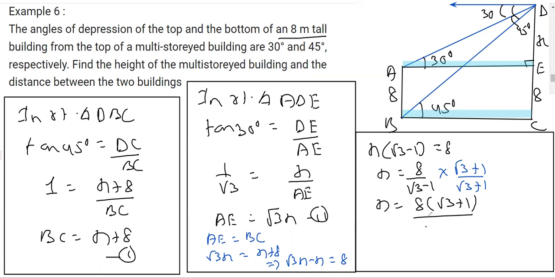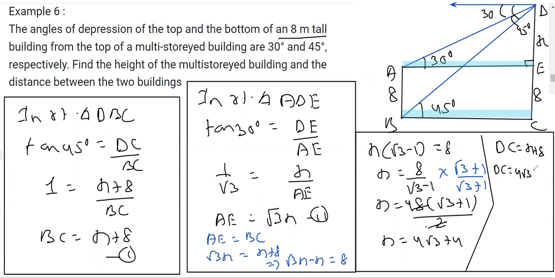So I can reduce it to get X as 4 root 3 plus 4. But that's not our answer. As you can see, we have to find the length of DC. So DC is actually X plus 8. If I replace X with what we have already got, that is 4 root 3 plus 4 plus 8.